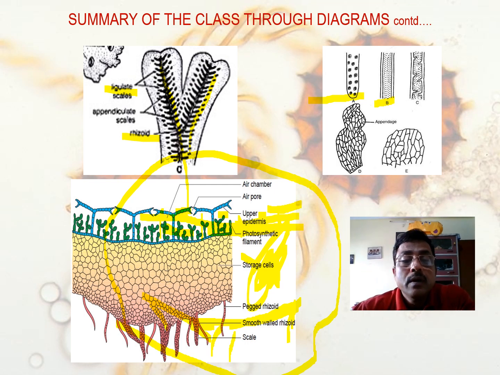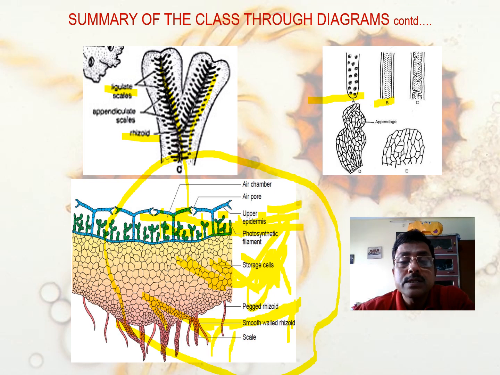Now come to the lower region. This is the storage region. Okay, and these are the storage region cells. See here, the cells are compactly arranged without any intercellular spaces. All the cells are parenchyma in nature.